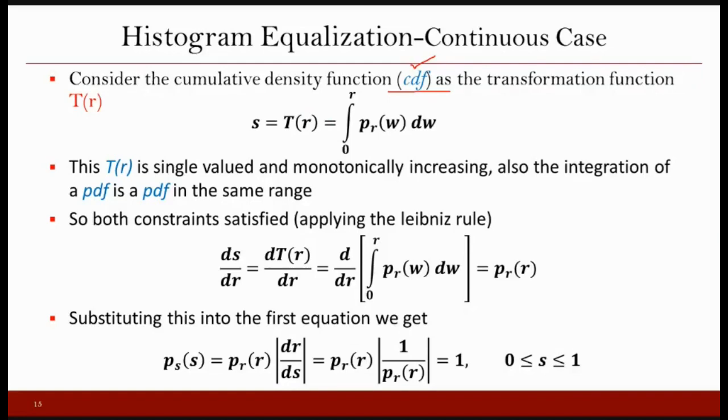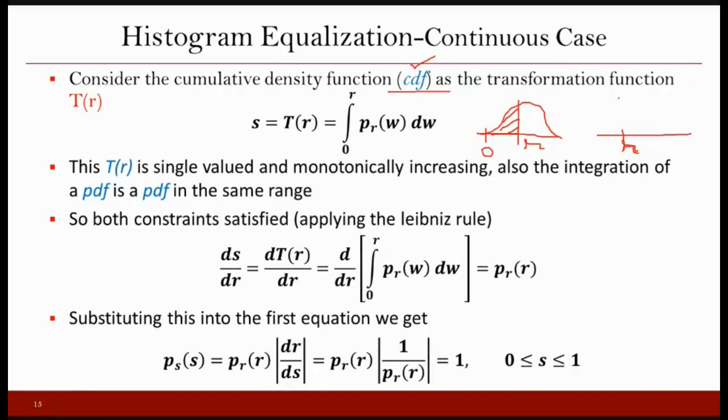So if you have a probability density function, let's say like this, and let's say this is your x-axis as r. So in the CDF, at a particular r, the corresponding value of the probability is going to be the sum of all these previous values that you had. So for a particular r, you have to find the cumulative value, which is from, let's say, 0 to that particular r.